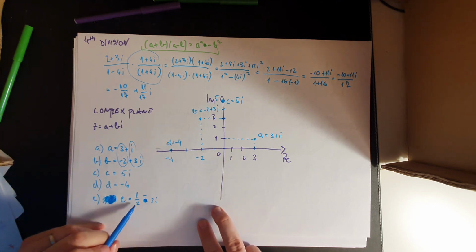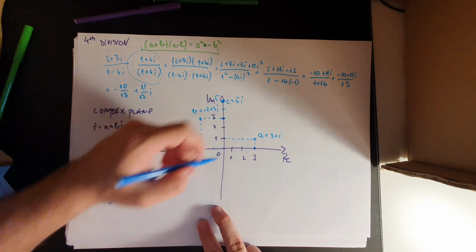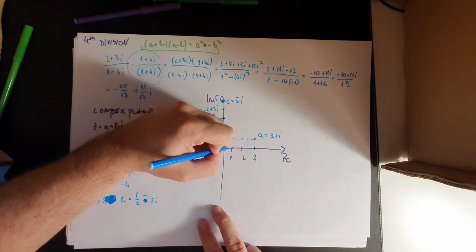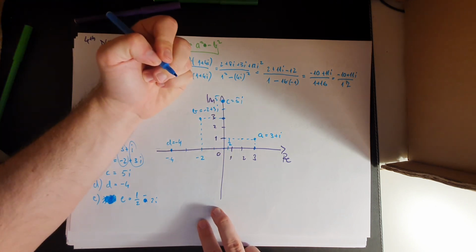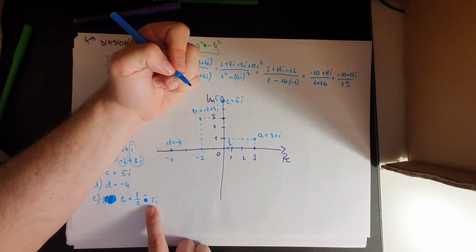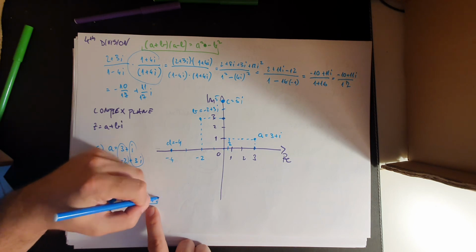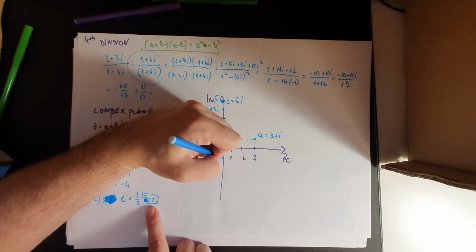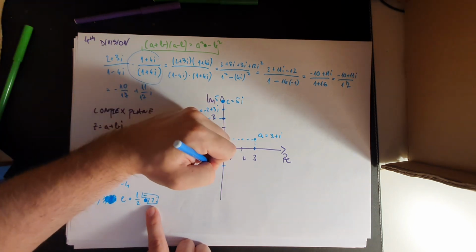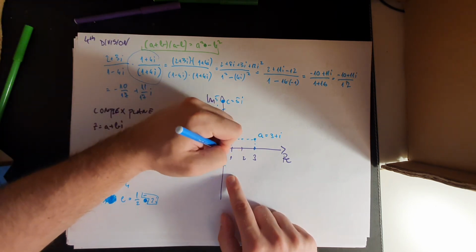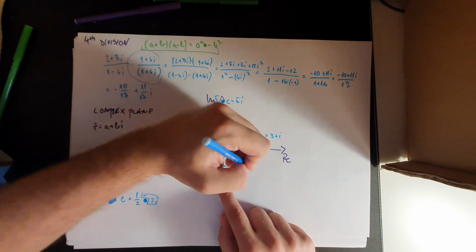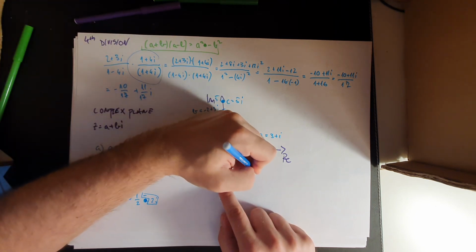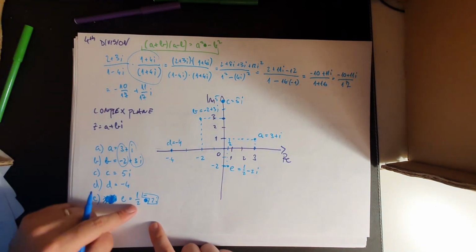So what happens here is 1 over 2 is the real part. 1 over 2, or 1/2, is between 0 and 1. So 1 over 2 is here. Minus 2i is the imaginary part, so minus 1, minus 2 is here. 1 over 2, and here is the E number, 1 over 2 minus 2i. I apologize for this one more time.